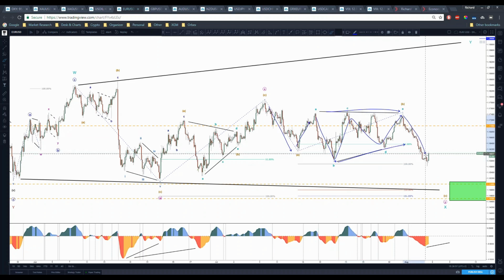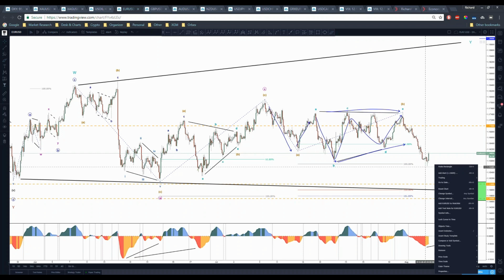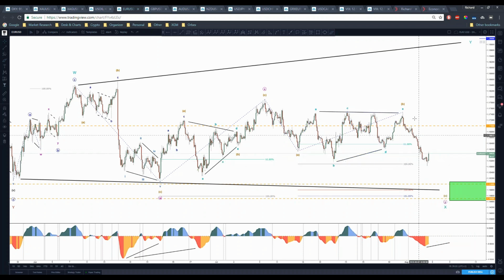So if this is the end, the C leg, and to be honest with you, it actually hit the fibs. It honored the 100% from A and B, for this C leg, the piece de resistance, the last leg, to possibly be confirmed. So it met the requirements from a fibs perspective.